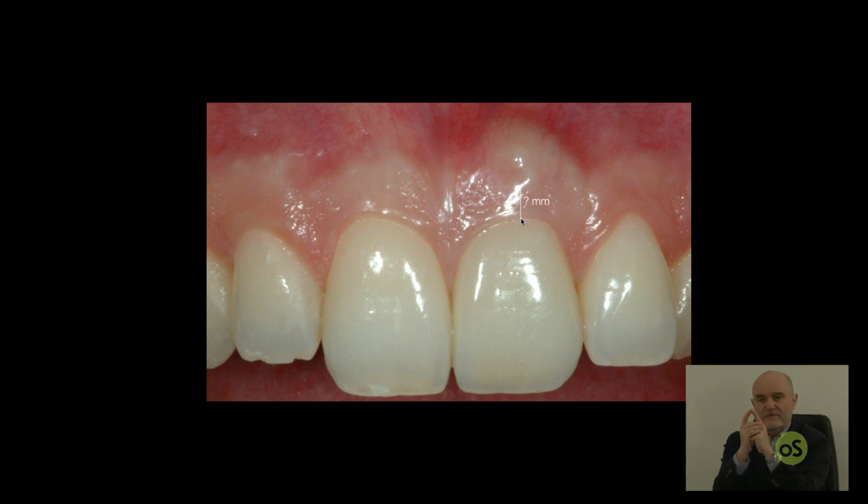And so the soft tissue margin does not recede. Maybe a pocket will form because of the proliferation of the epithelium, but not gingival recession.